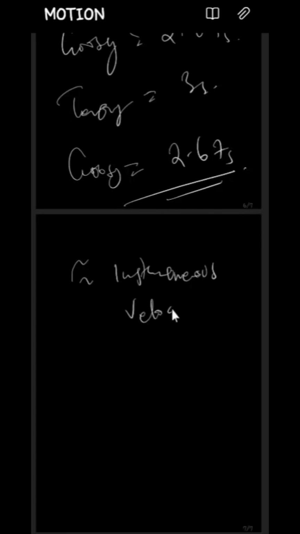Instantaneous velocity is just velocity at a specific time. So if you are told to find velocity at 2 seconds, the velocity exactly at 2 seconds, that is instantaneous velocity. As I explained earlier when we were talking about speed, speed and velocity are magnitudes of the same thing. They only differ because velocity is a vector and speed is a scalar.